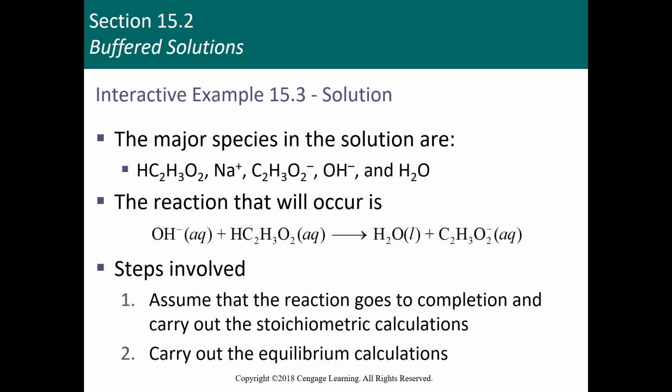So our reaction that's going to occur is this right here. We've added hydroxide ion into the solution, and that is making water and a salt. It's actually a salt if you're curious, but anyways, we are deprotonating our acid, just as we've done before.